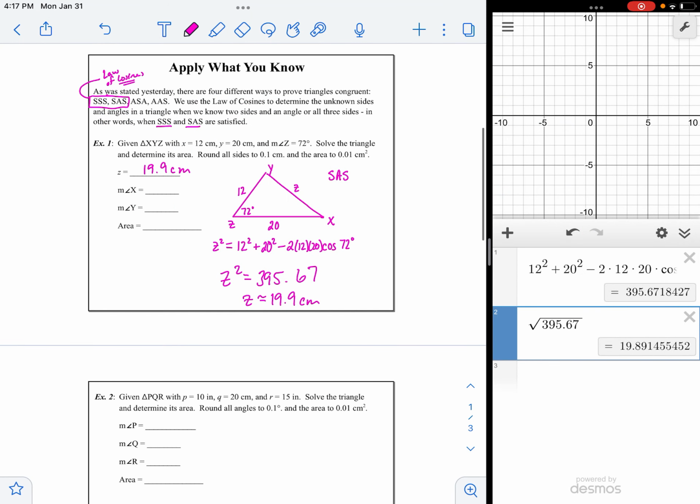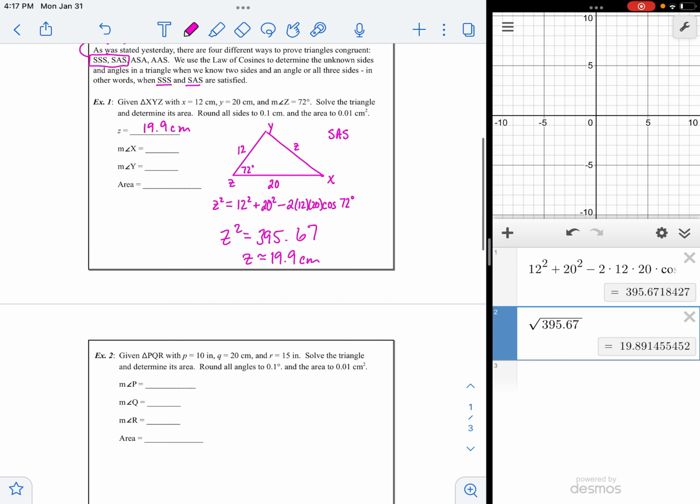Okay, now here's the thing. Once I have that, I can actually just use the law of sines to get the other angles, right? So once I have that 19.9, now I'm just back to law of sines. Once I have one of the missing pieces, I can use the law of sines.